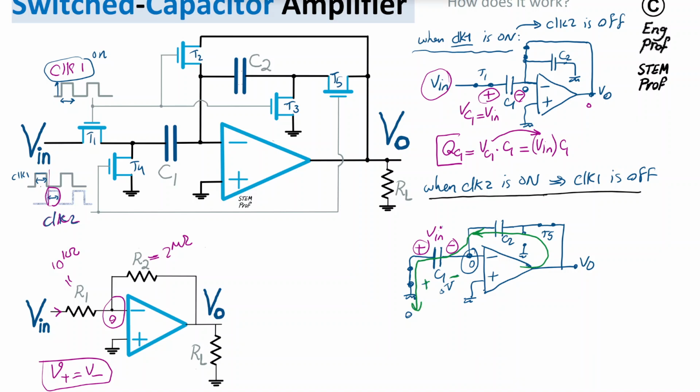So what this current shown in green is trying to do is offset the initial voltage Vin across the cap C1 by discharging whatever charge is on C1. But because of the law of preservation of current and charge, whatever we remove from this one will appear here on C2 as well.